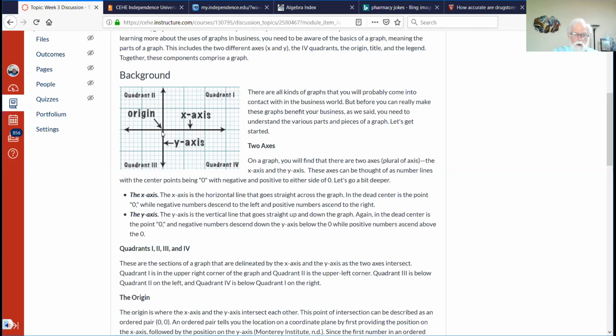Each one is a quadrant. By convention, we go to the quadrant in the upper right, and we call that quadrant 1. And then we go counterclockwise to quadrant 2, 3, and 4.